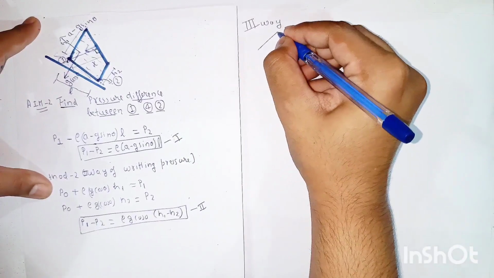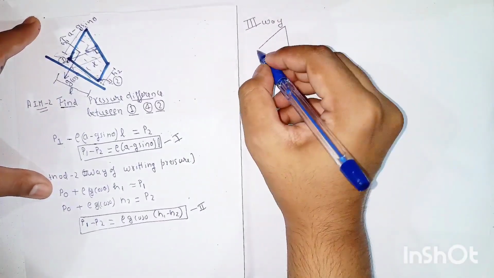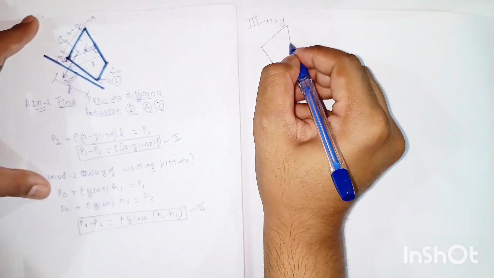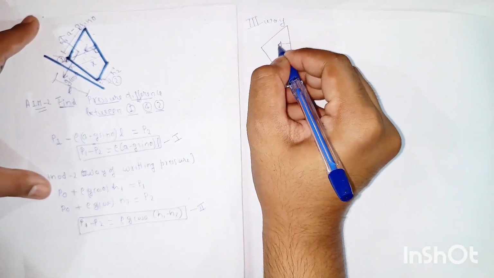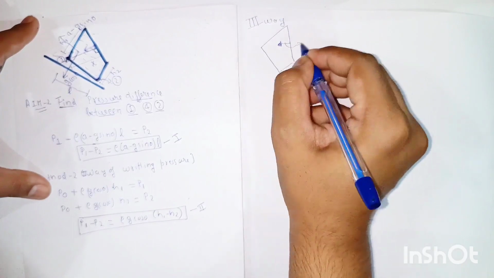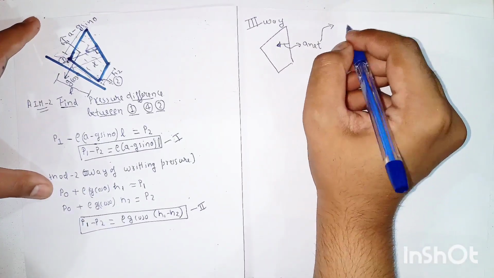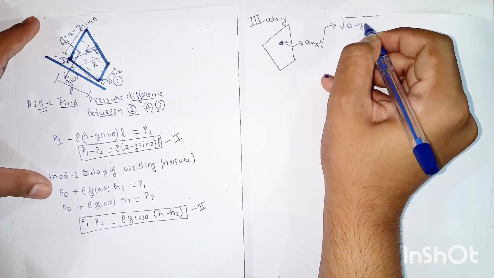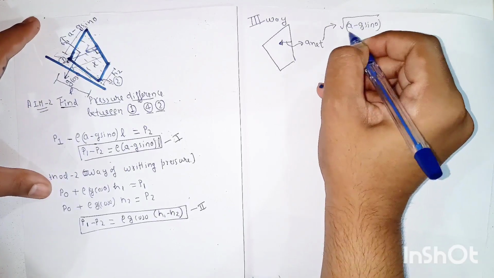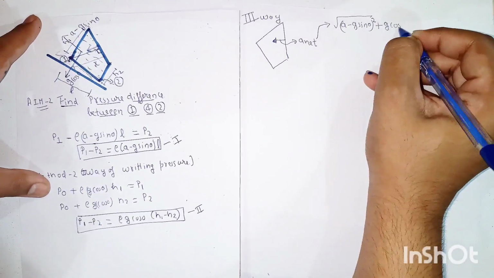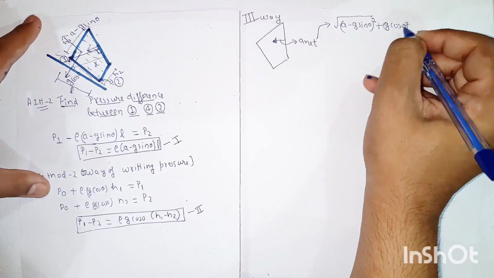So this was our water column like this. Now we have considered this time the net acceleration. Let us say that net acceleration is a net, and that you can find as well: a minus g sin theta square plus g cos theta square.